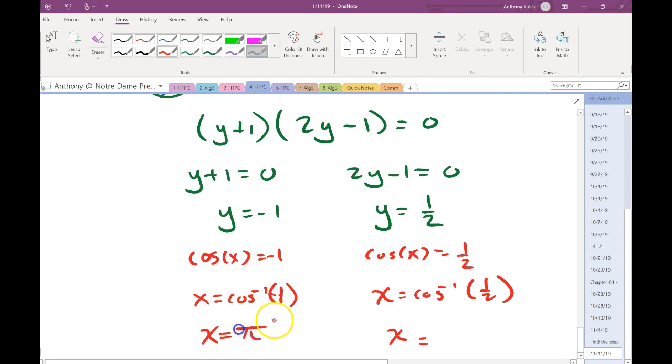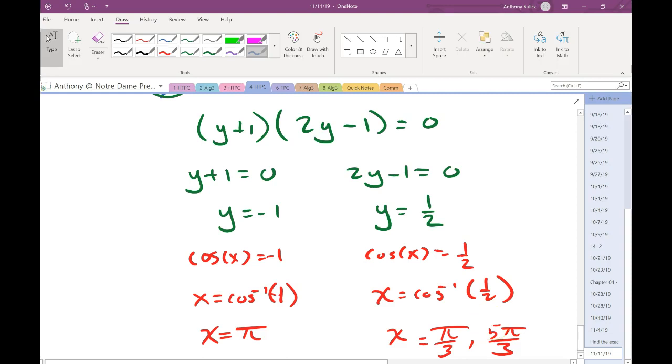So that's pi then. How about cosine inverse of 1/2? The two values there are pi over 3 and 5 pi over 3.